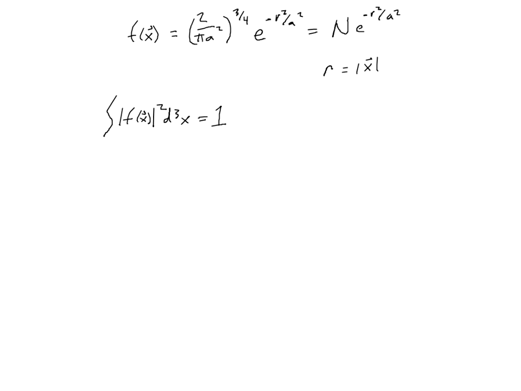So if this is f of x, then our Fourier transform is going to be equal to just taking the integral of this, but we're going to end up having this thing multiplied by e to the minus i k dot x.